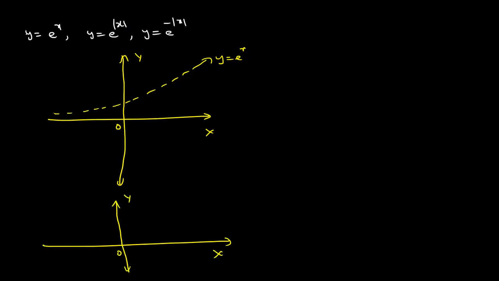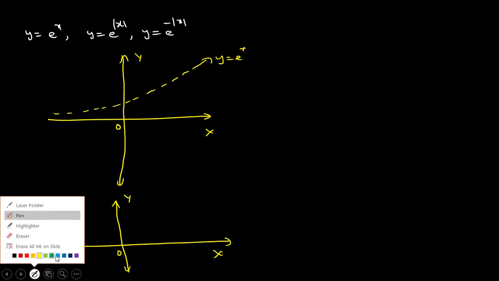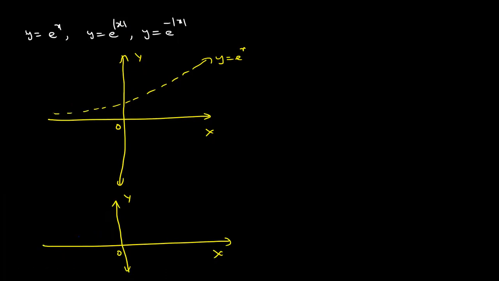X-axis, y-axis, the graph is coming. The e power minus x idea is there. Y is equal to e power minus x. What is the graph? Here only draw the picture better.